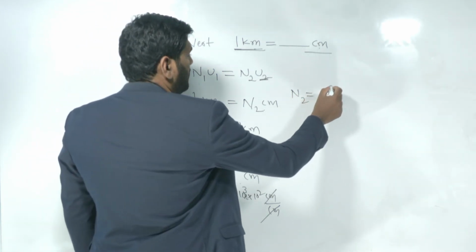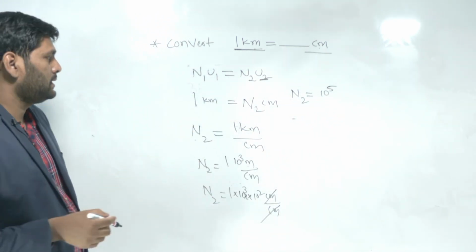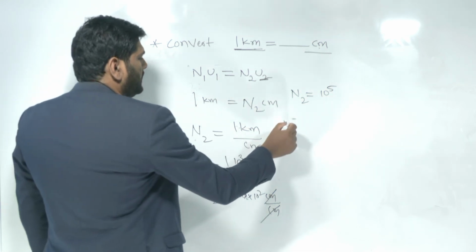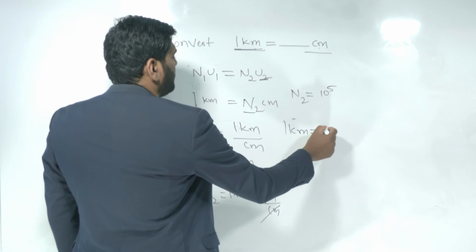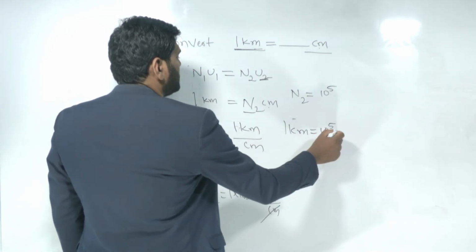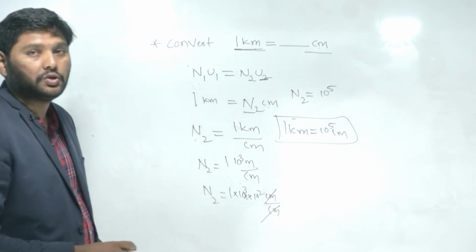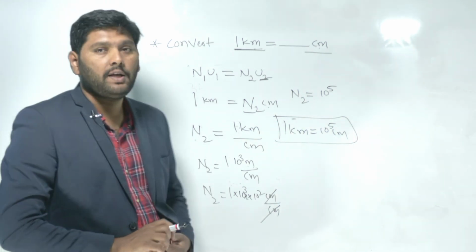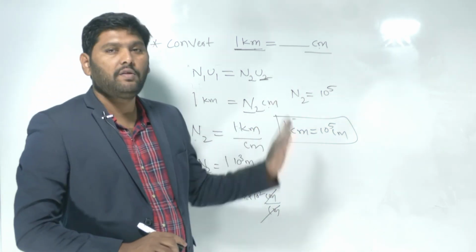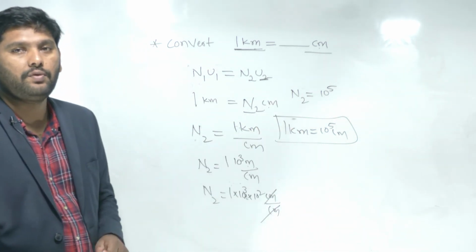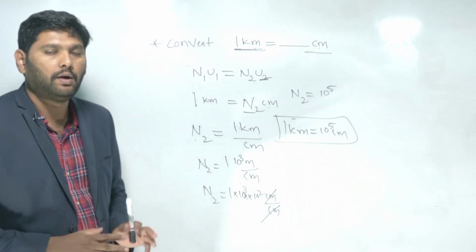So finally 10 power 5. So finally, how do you express the total thing? 1 kilometer is equal to N2 value, 10 power 5 centimeter. So this is the standard value. This is the way we can convert one system of unit to another system of unit. So children, I hope it is clear.